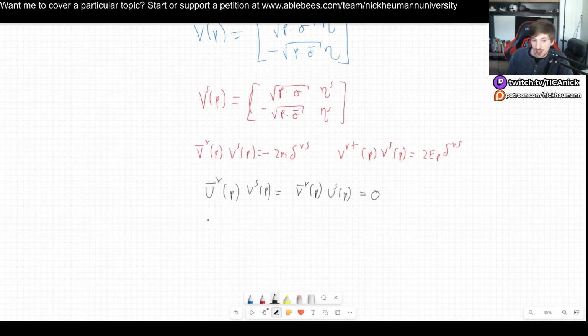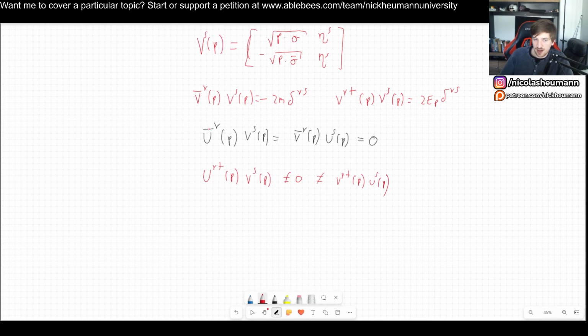But not every time they are together, it's going to be 0. What there is also is u^r dagger of p, v^s of p, and that is not 0. And the same thing happens with v^r dagger of p and u^s of p. So be careful about that.